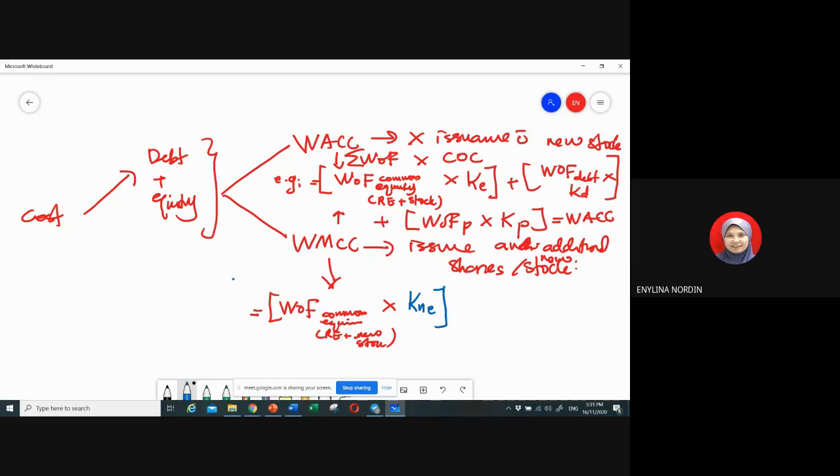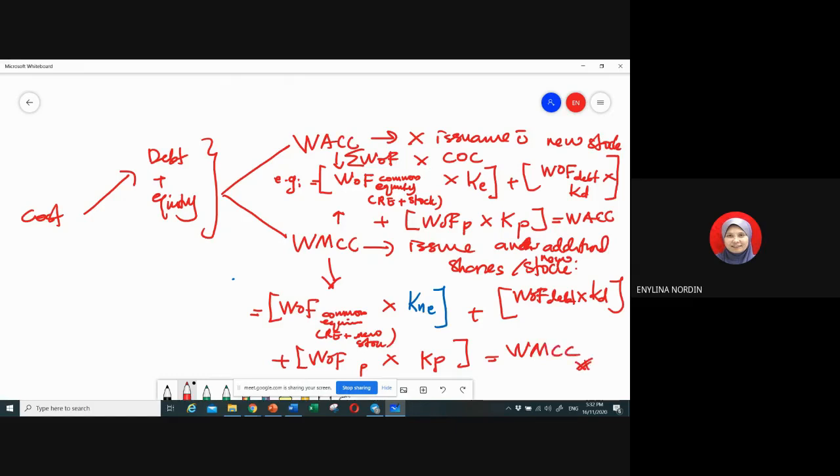Then go back to the red color, plus the weightage of financing in debt multiplied by KD after tax, and then plus the weightage of financing in preference shares multiplied by the cost of capital of the preferred stock. Then you will get WMCC.